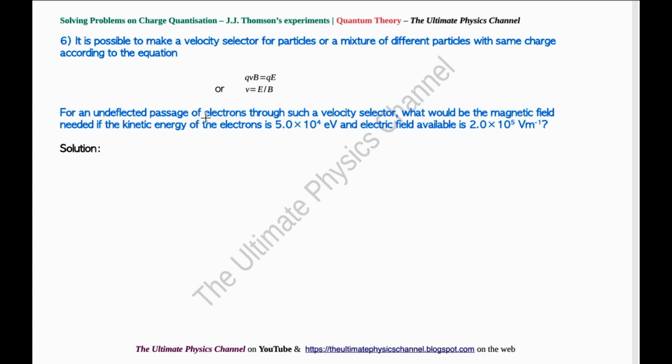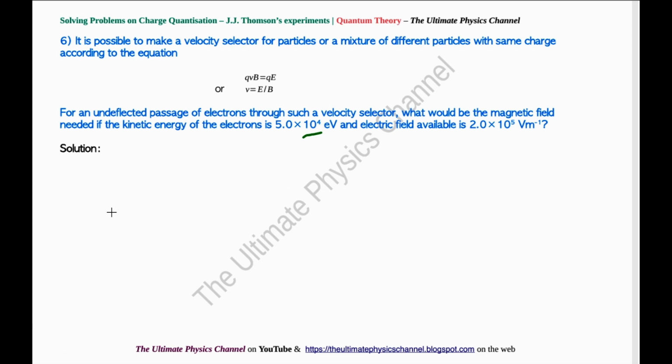Undeflected passage of electrons. That means the deflection of electrons is negated by the magnetic field. What would be the magnetic field required if the kinetic energy is this and the electric field is this? Now we straight away have to do a relativistic calculation in this case, because the potential is already fairly high.